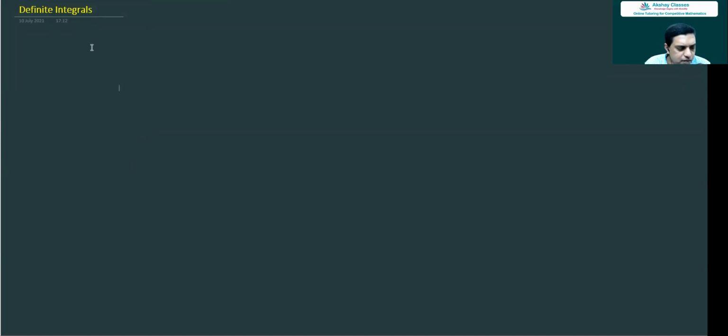So now we come to a very important topic. This is the definite integral. First step, we need to understand the concept of definite integral, before we go forward to just applying formulas.